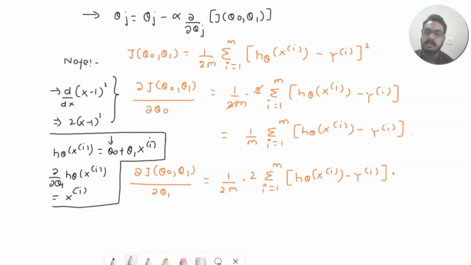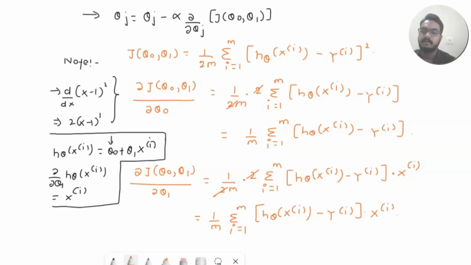So here an additional multiplication with xi is needed. Hope you are understanding. This is the chain rule that we study in differentiation. Again 2 will get cancelled, and we have 1 over m summation i going from 1 to m of h theta of xi minus yi times xi. These are the two partial derivatives.